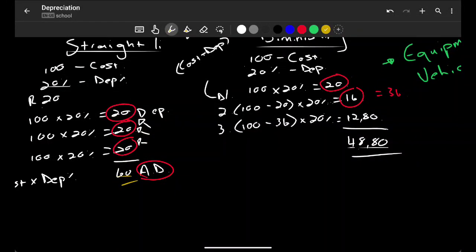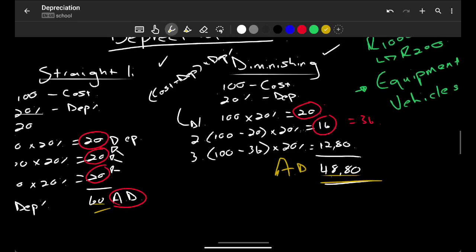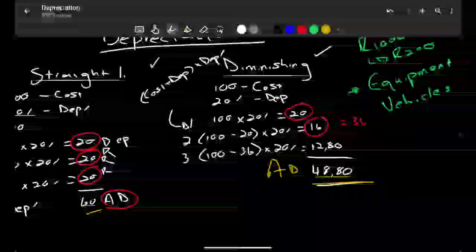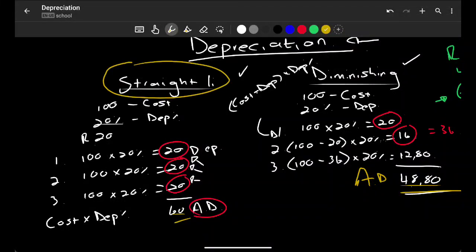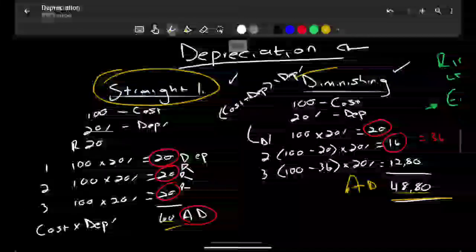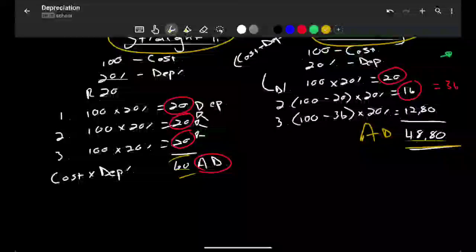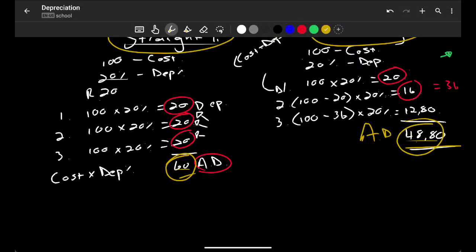Now, I want you to look at the difference between this. Straight line, your accumulated depreciation was 60. Your accumulated depreciation on diminishing method is 48 rand 80 cent. So hence I said that it's very important for you to know whether you are using the straight line method or the diminishing method, because your answer will be totally different.